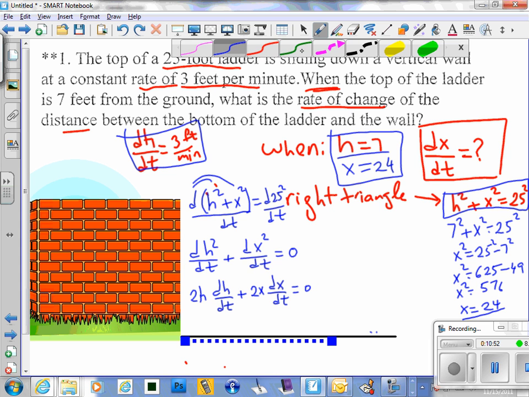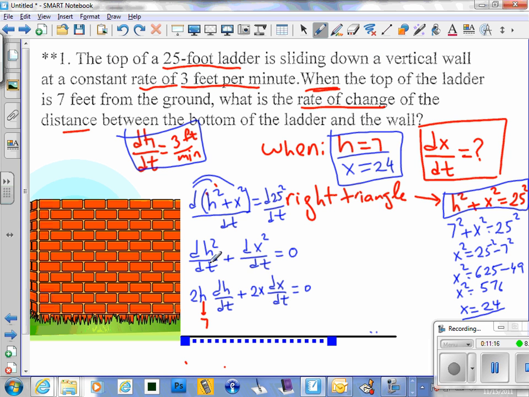Let's plug in what we know. We know that h is 7, so plug it in here: 7. dh over dt is given here. It is when the top of the ladder is sliding down a vertical wall at a constant rate of 3 feet per minute.